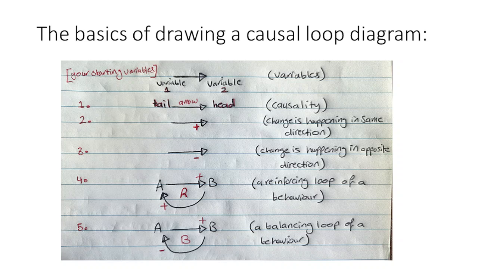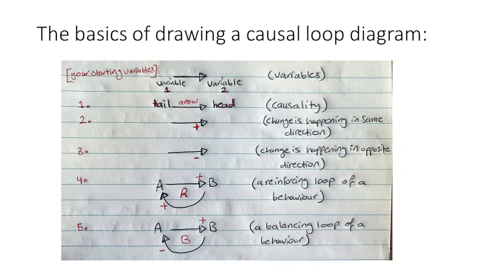Now, number two: you can see there is an arrow with a positive sign, or a symbol. If you see that plus sign near the arrowhead, this indicates that the variable at the tail of the arrow, from your left side, and the variable at the right-hand side of the arrow change in the same direction.